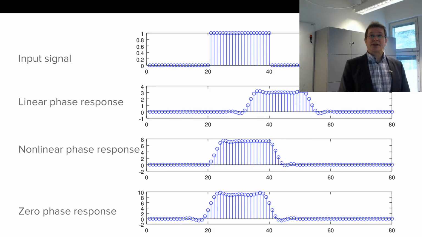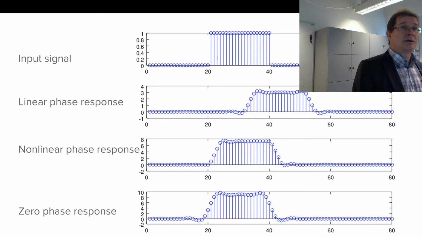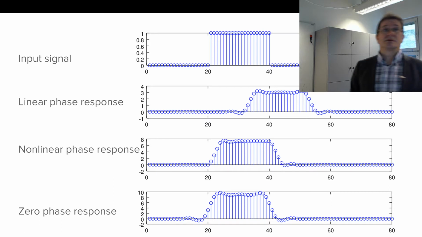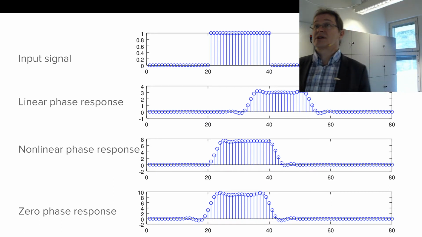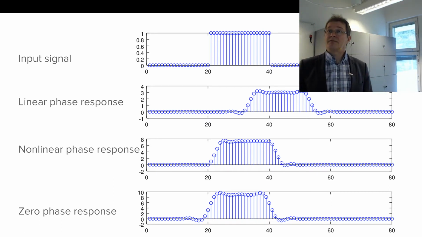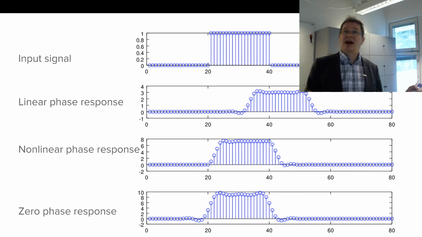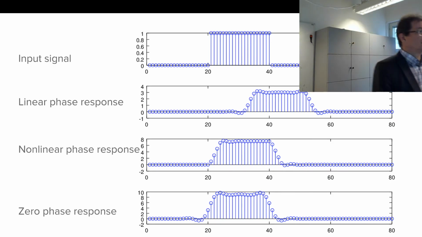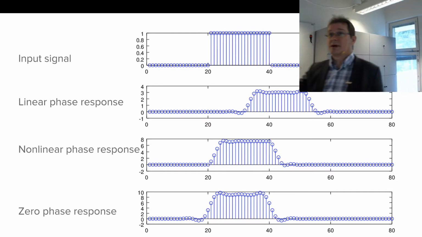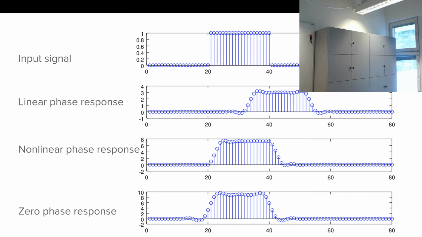And three examples. The input signal is just a square-shaped box. For the linear phase response system, you basically have similar effects on the signal when it goes up or down. Actually, it's symmetric: linear phase response has a symmetric impulse response.